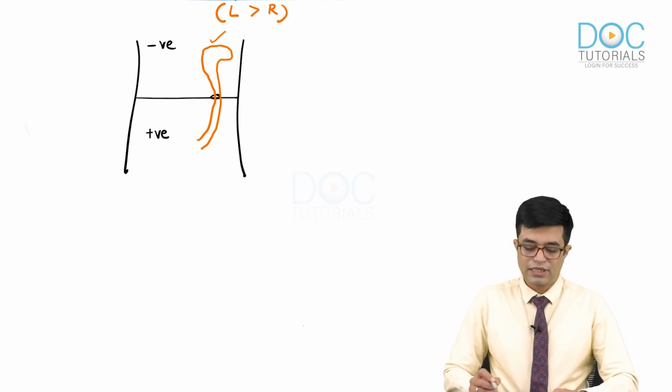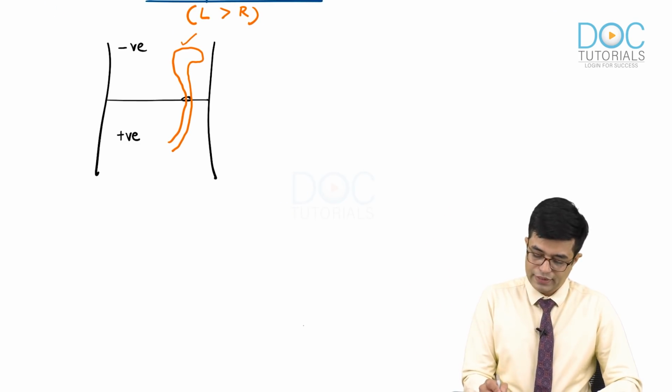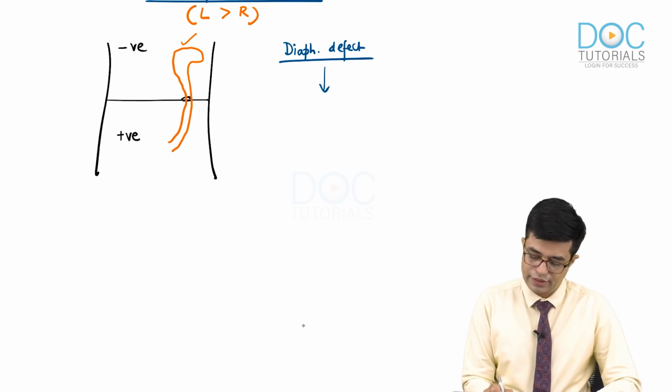So, if I have to summarize whatever I just told you, there is presence of a diaphragmatic defect. Due to this diaphragmatic defect, there will be herniation. There may be herniation of abdominal contents into the thorax.